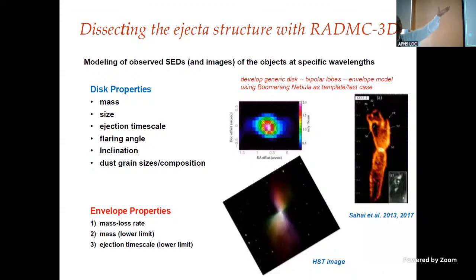So I won't go into much detail on this, except to say that in order to study these objects properly and model them properly, we need RADMC-3D, which is a 3-dimensional modeling code. Then you can put in a central disk, the lobes, and an extended shell-like structure in order to determine the physical properties of these systems properly.